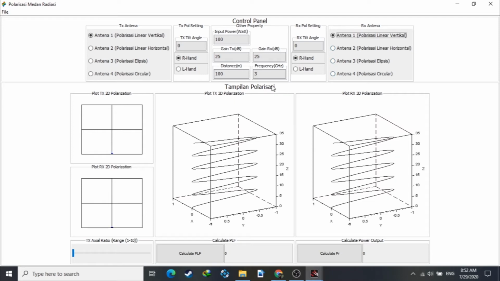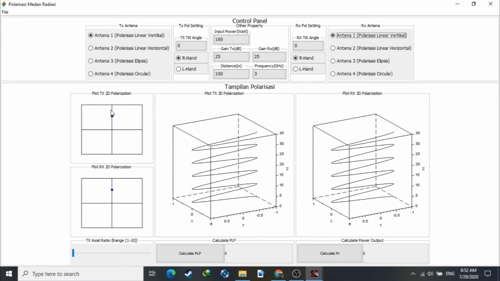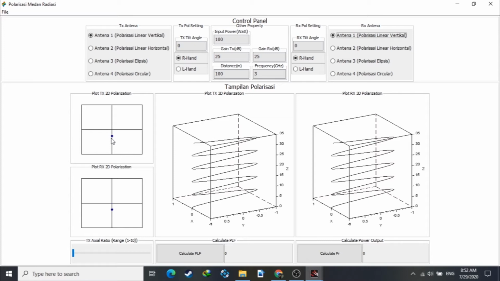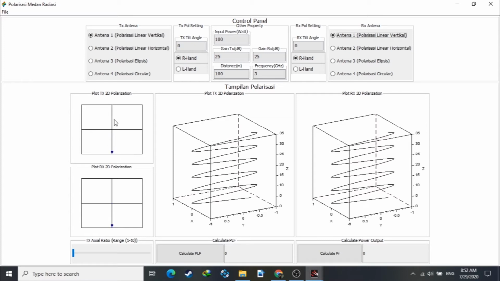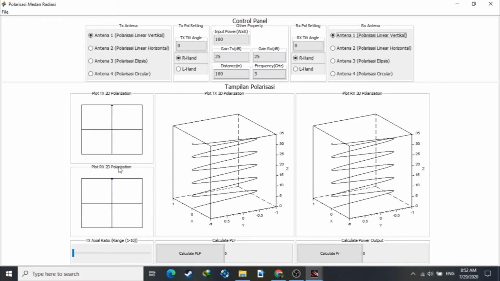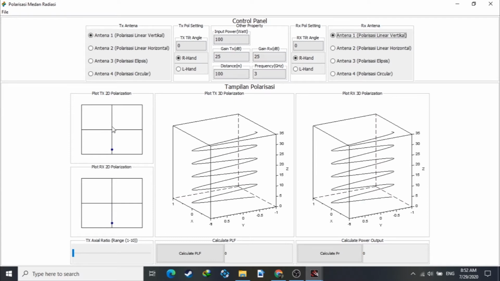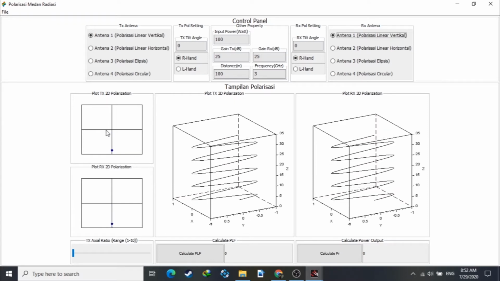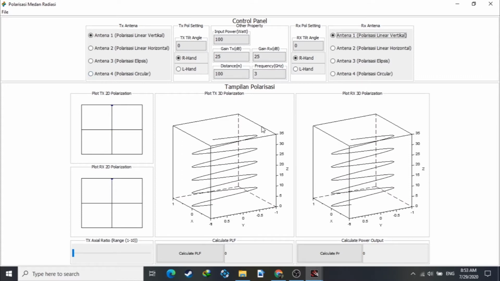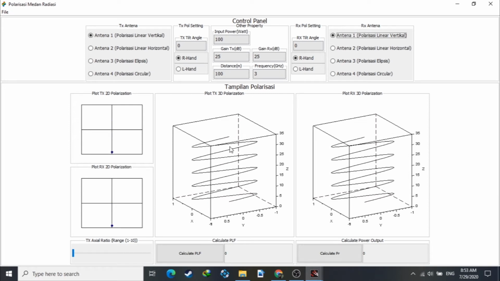The first one is called the vertical linear polarization. As you can see here, the movement of its polarization from the two directions moves up and down repeatedly, and it's only in one axis, the vertical axis. And as you can see here, the movement is just in one axis.